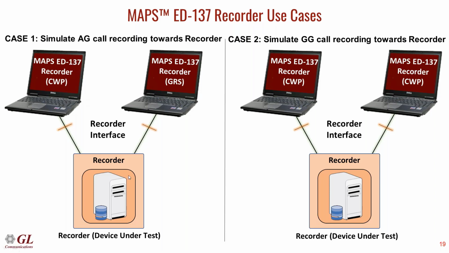We can verify all the functionalities and capabilities of the recorder, like how many calls it can record, how many calls it can handle properly, whether the recorded voice is proper, and all.